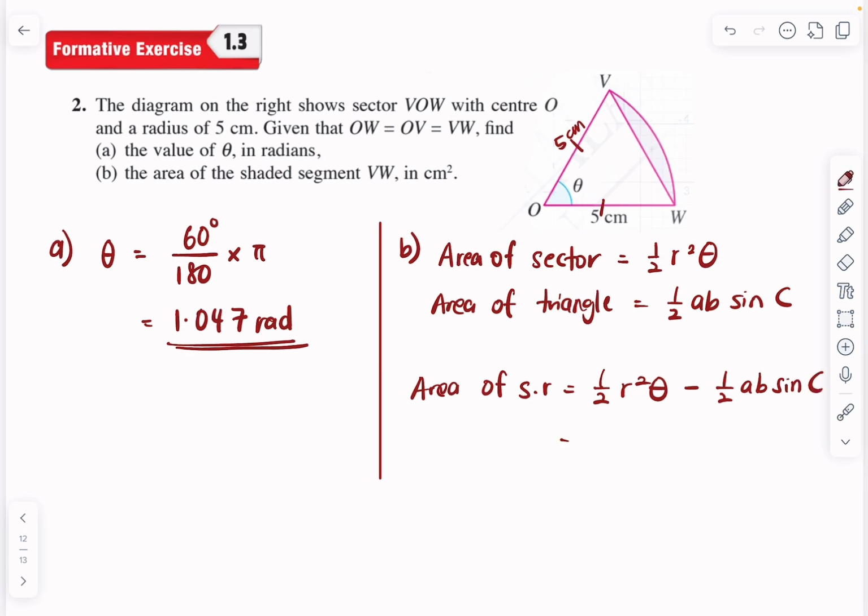Right. So let's look at the sector. For the sector, the radius is 5, and the theta here is 1.047.